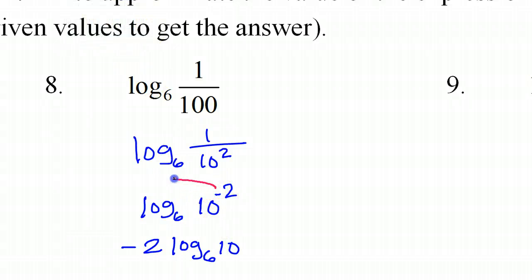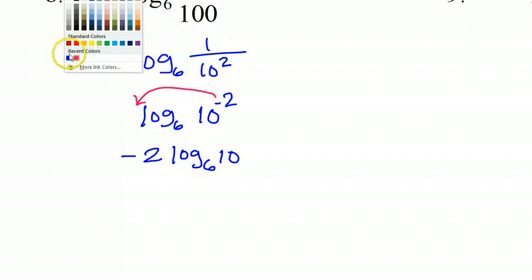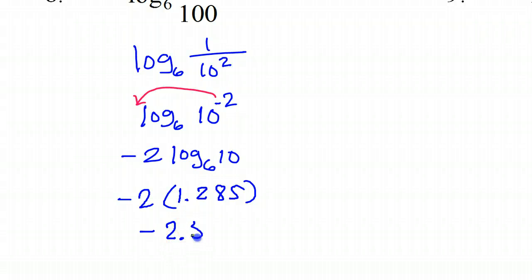Okay, because we just went like this. Whoop. Okay, but we know this decimal. So that means I have negative 2 times log base 6 of 10, that's your 1.285. If you multiply that by negative 2, you get negative 2.57.